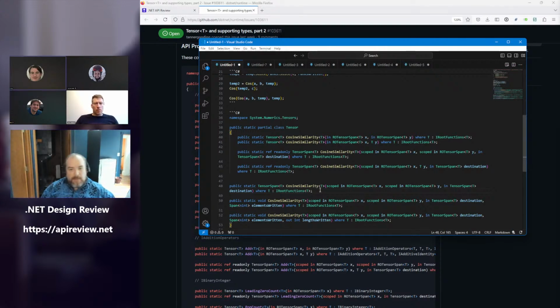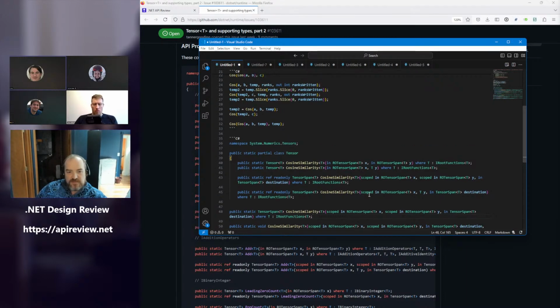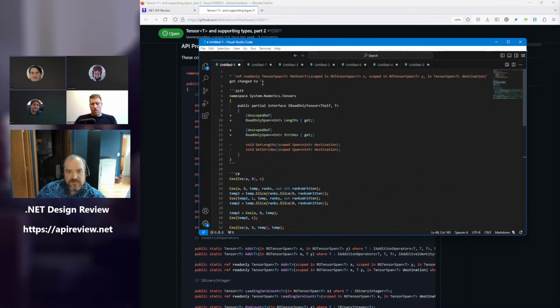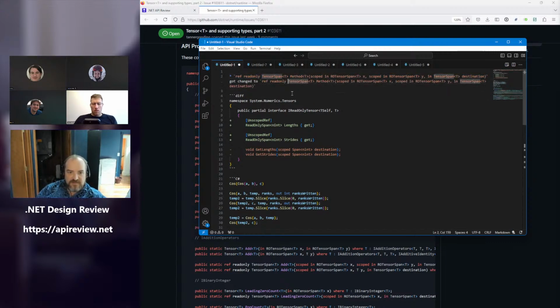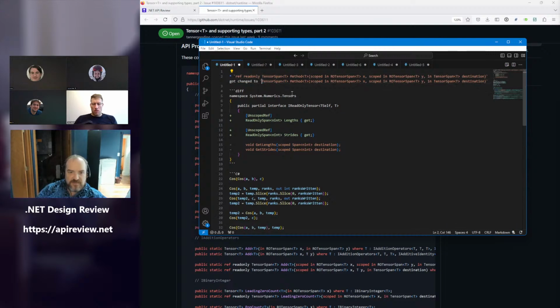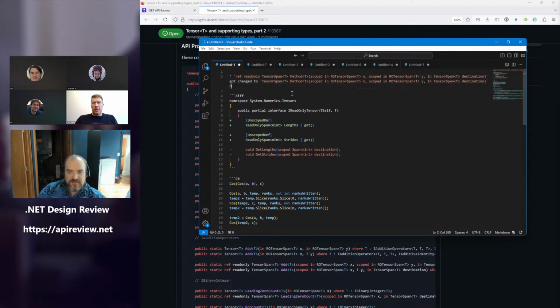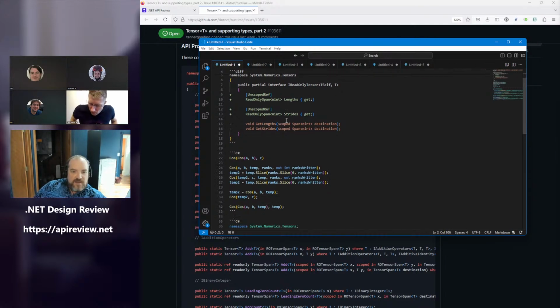Yeah, so it's just going to be changing from static ref read only to static. And that should be a global find and replace that can be done. Okay.